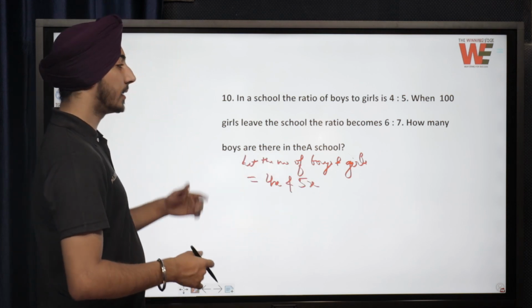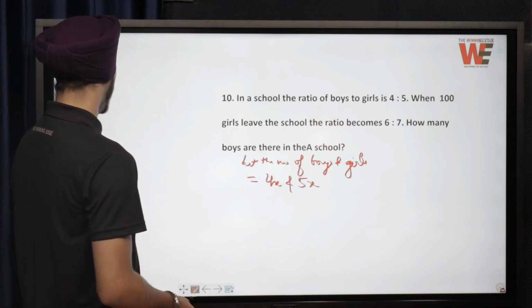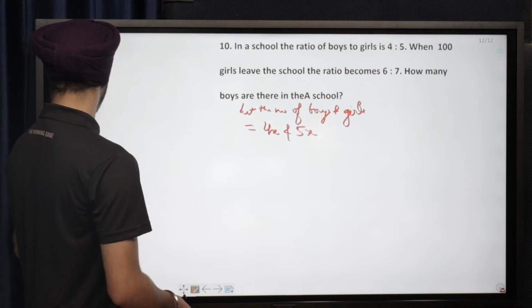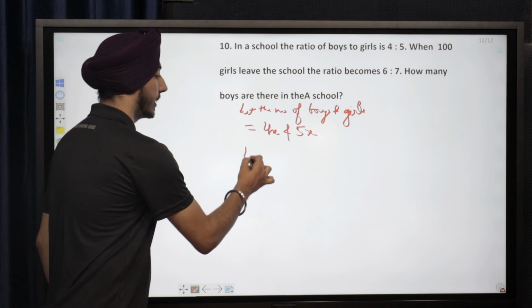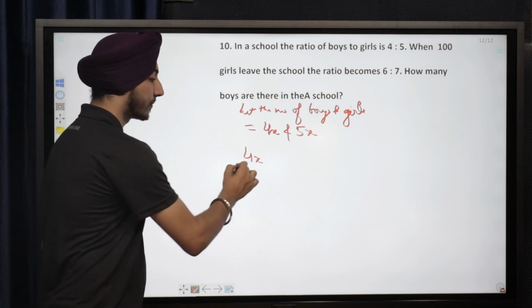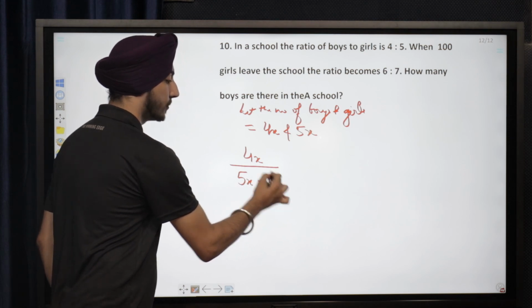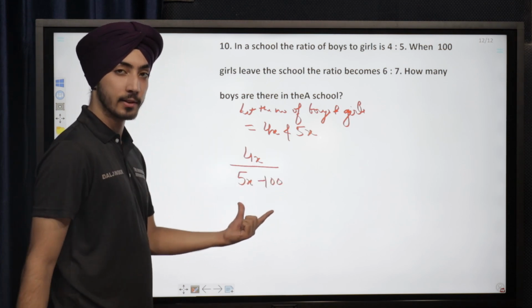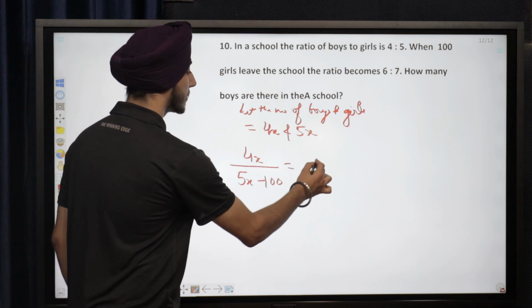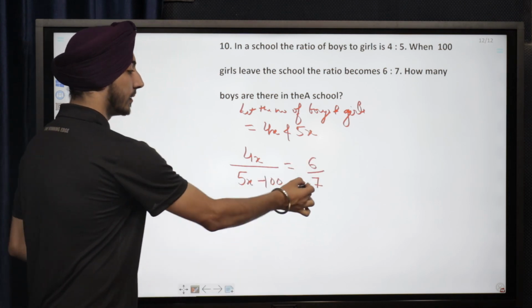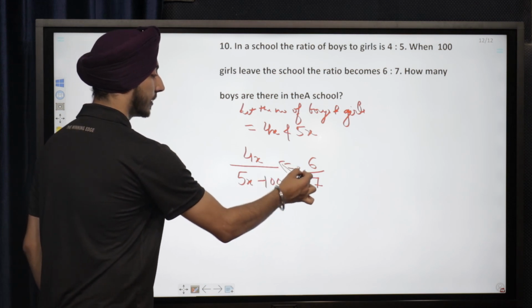Now it is telling you that 100 girls have left the school and the ratio is now becoming 6:7, right? So 4x, this is the number of boys upon the number of girls. Now 100 girls have left the school, so we subtracted 100 from the number of girls, right? And the ratio now is 6/7, so we'll write it equal to 6/7. Simple. Let's just cross multiply.